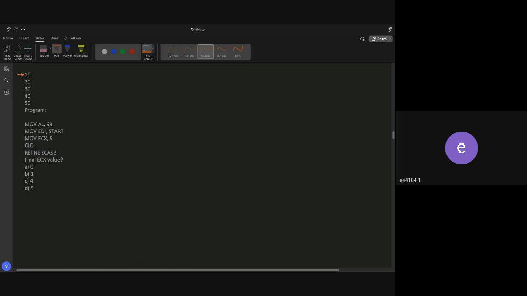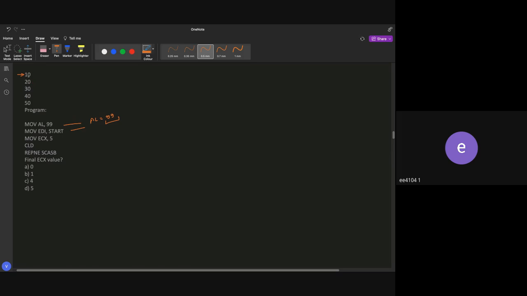Okay, let's try to solve this. Here we have AL equals 99, so we're moving 99 to AL. Basically, we have to scan for 99. Now this EDI, the destination index, will start from the start.